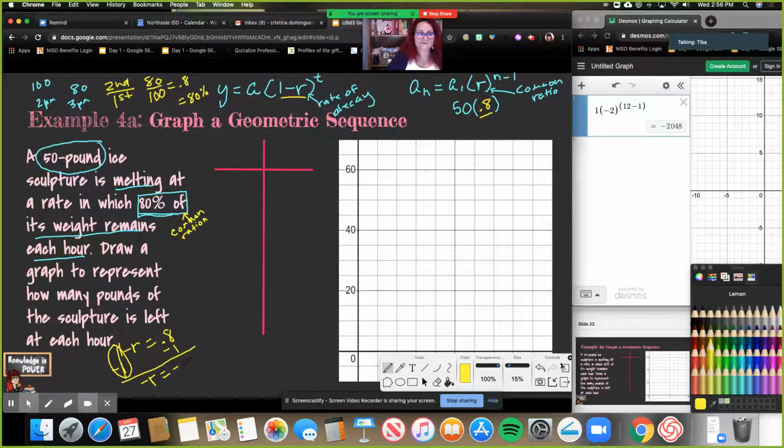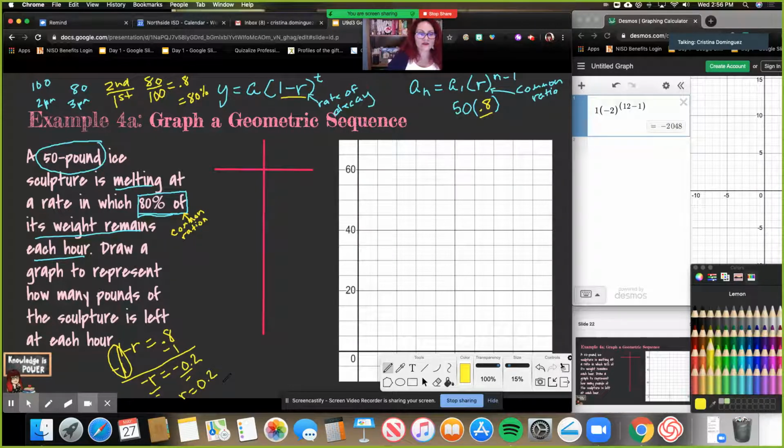Negative 0.2. Now I want to get R to be positive, so what do I have to do? Divide by negative. Multiply by negative, doesn't matter. A negative divided by a negative is a positive.